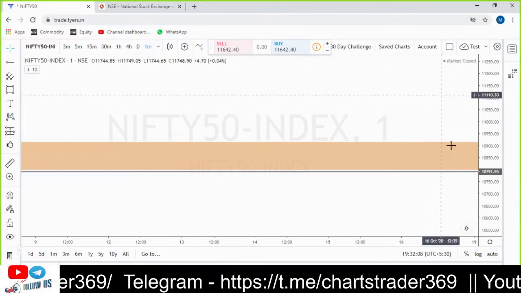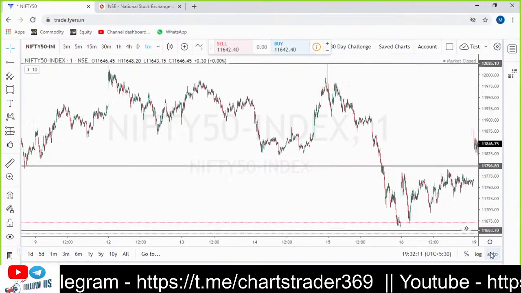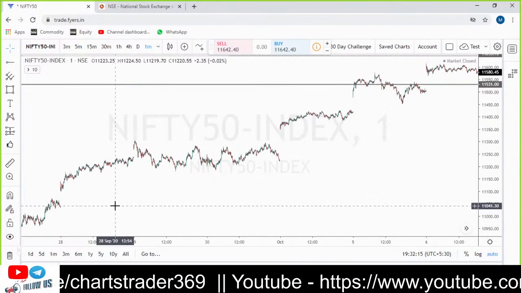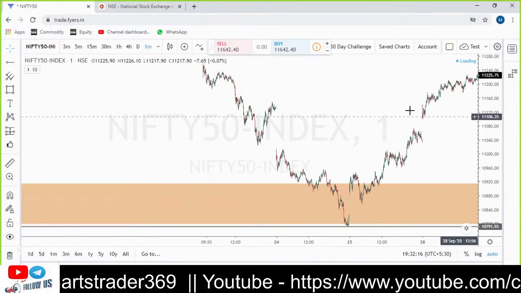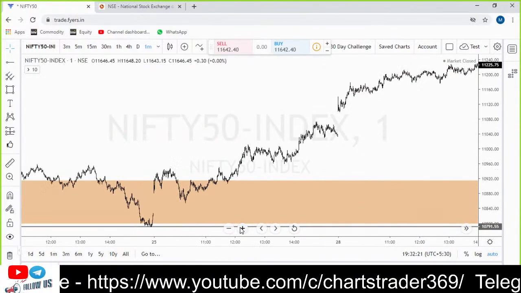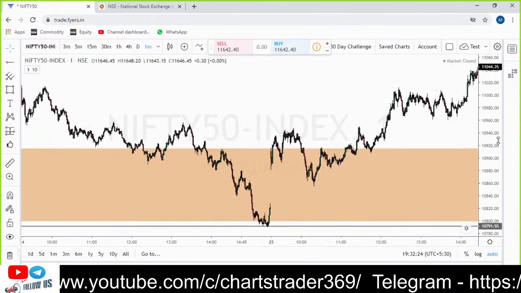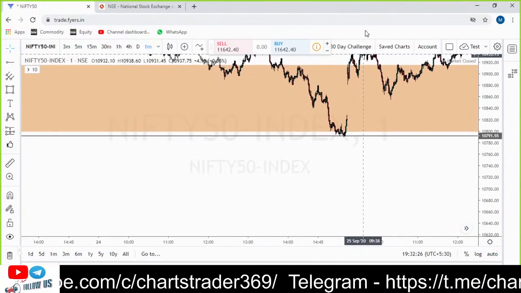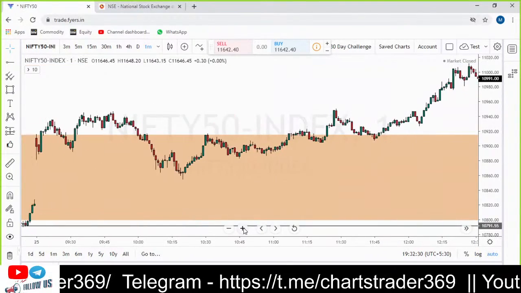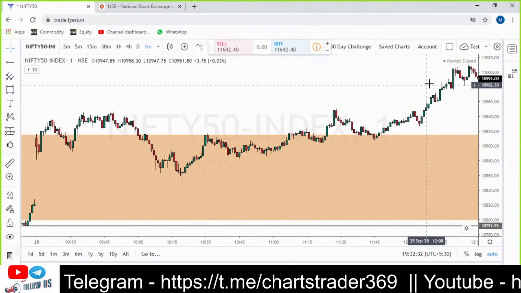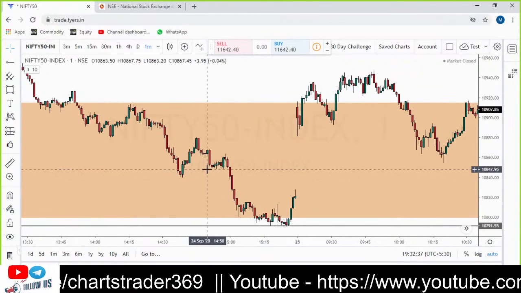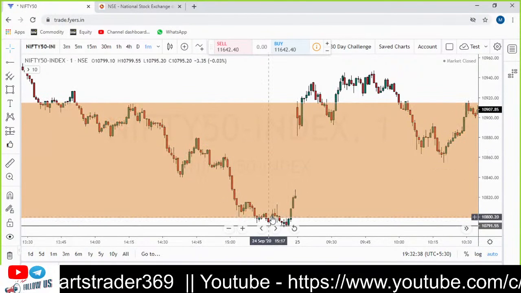Yeah, here it is. Clearly, let me zoom out. This is the range. This was our support range on the daily time frame, which I am using on the 1 minute time frame.